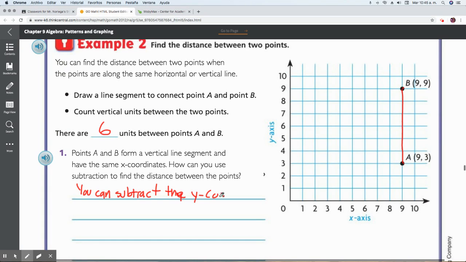You can subtract the y coordinates to find the vertical distance.